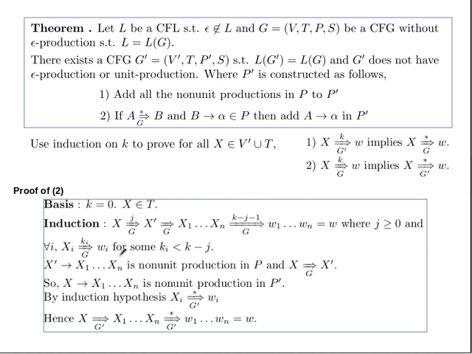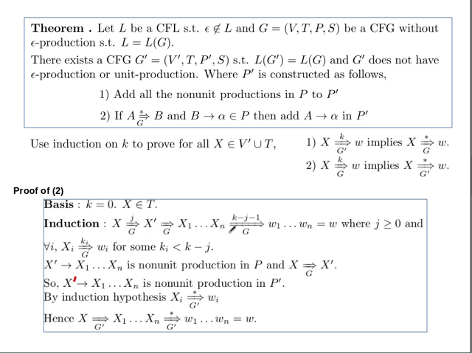So this thing, that x prime goes to this x1 up to xn. So this is a non-unit production in P, and so that means this is also a non-unit production in P prime. So this is both a non-unit production in P and P prime. And what else do we have?